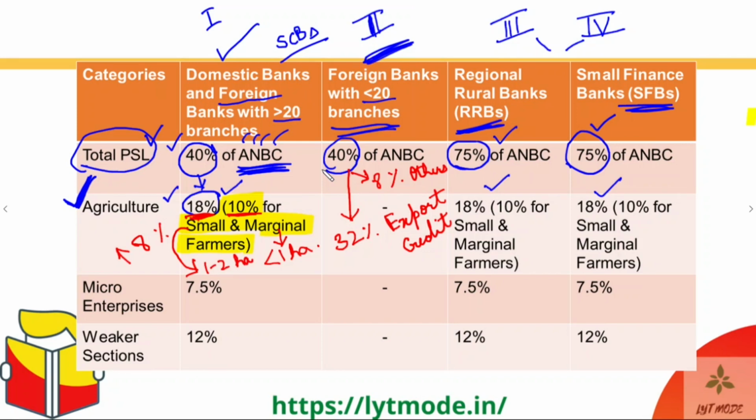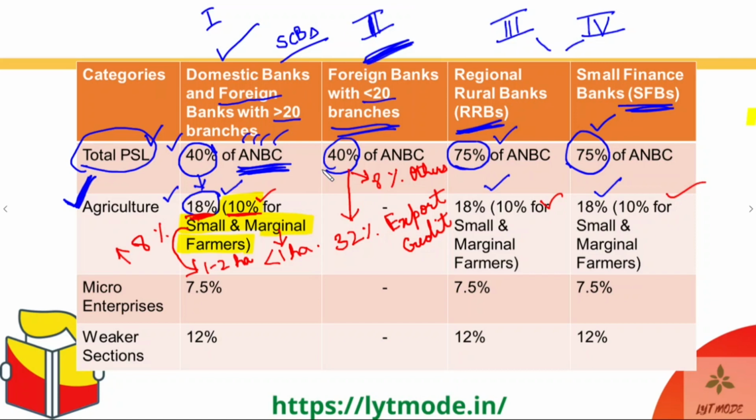So basically, all those farmers whose land holdings are under 2 hectares, that is both small and marginal farmers, have to now be given 10% out of this 18%, and the rest of the 8% goes to all other farmers, those with more than 2 hectares of land holdings. Okay guys, and that is the same for this and this category as well.